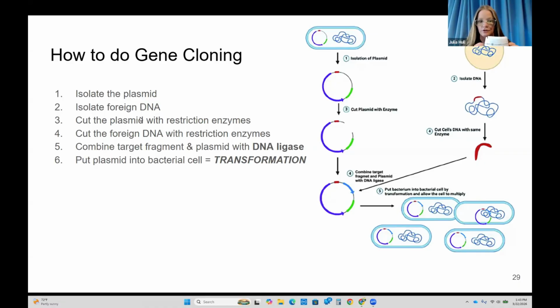I've cut the foreign DNA with restriction enzymes, and I've put those together. Now the only thing left for me to do is to convince the bacterium that they want this small piece of DNA and that they should take it up into their cells. And when they do, that is transformation.